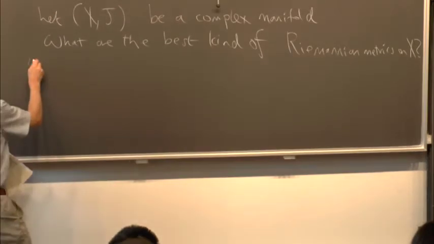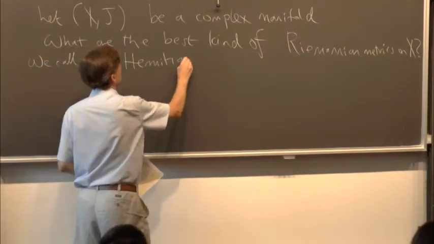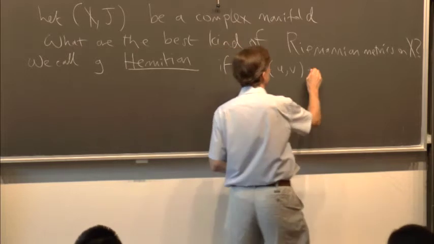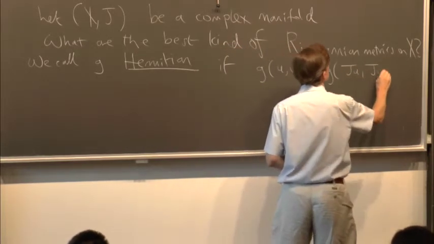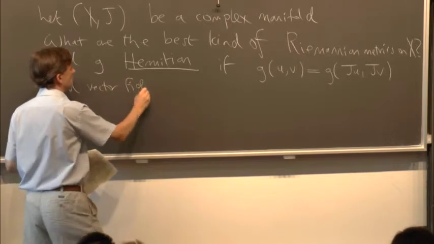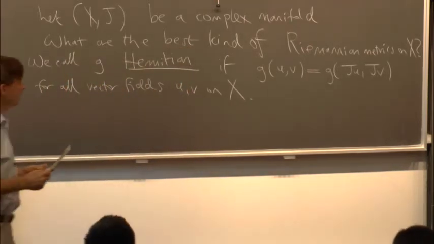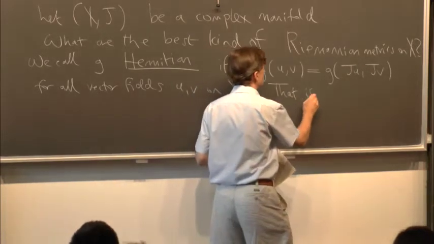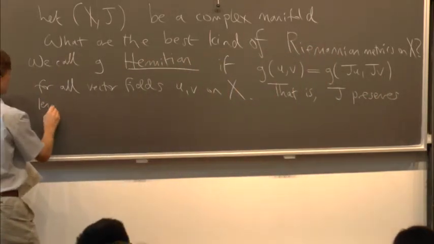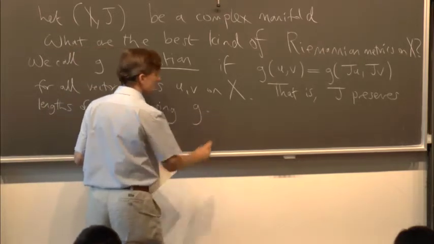Firstly, we call g Hermitian if g(u,v) equals g(Ju,Jv) for all vector fields u and v on our manifold X. That means that J is an isometry, so J preserves the lengths of vectors using g. That's just a pointwise condition.